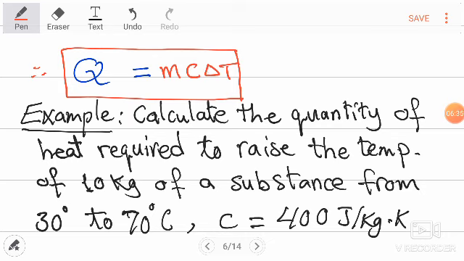So let's discuss an example. Calculate the quantity of heat. What's required here?